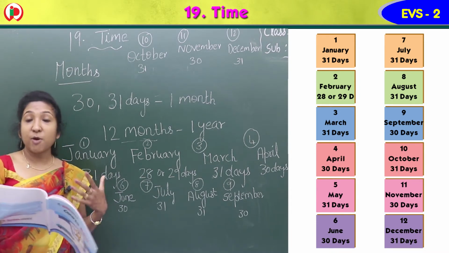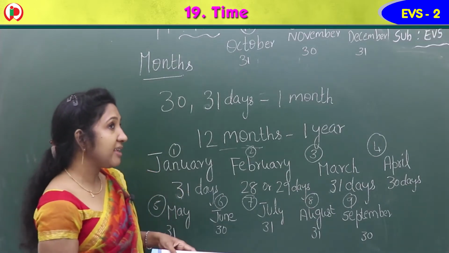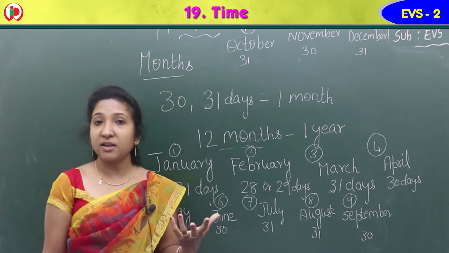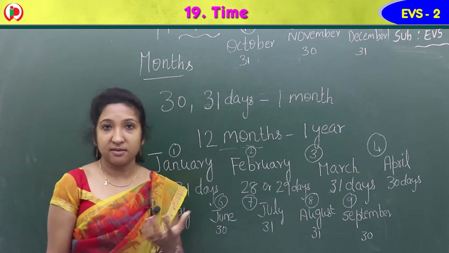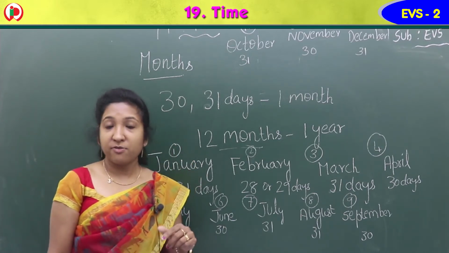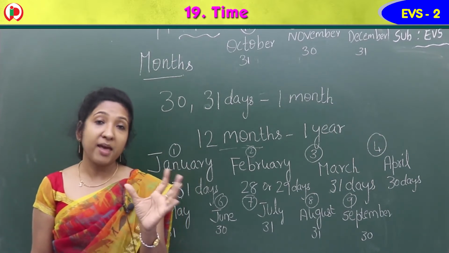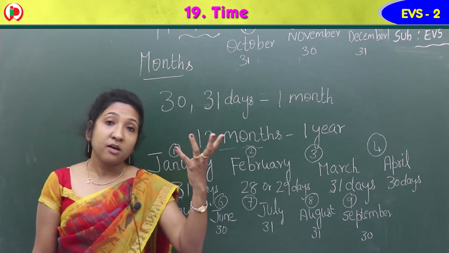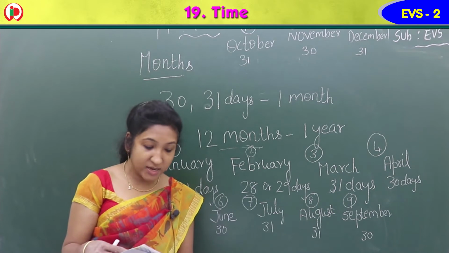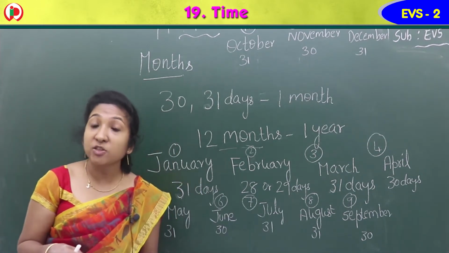Then last about the year. So we learned so far about days, weeks, months. Days we learned are divided into hours. So 24 hours in a day we learned. From 12 midnight to 12 noon we write AM, to show between 12 midnight and 12 noon.